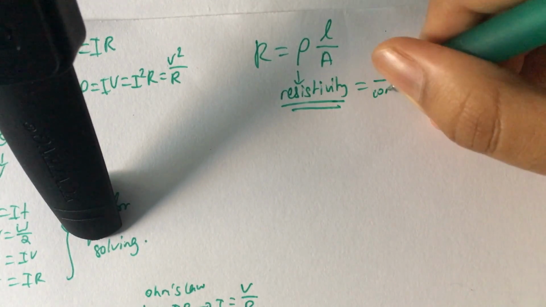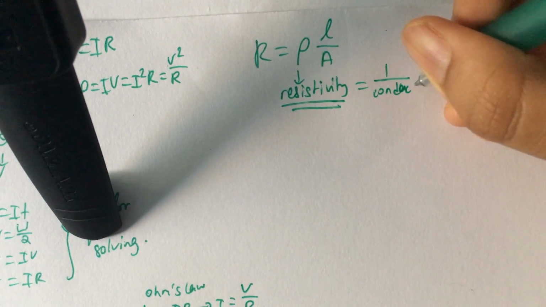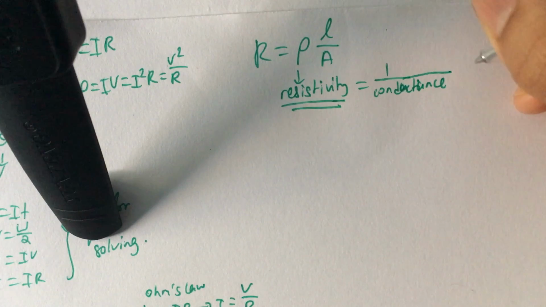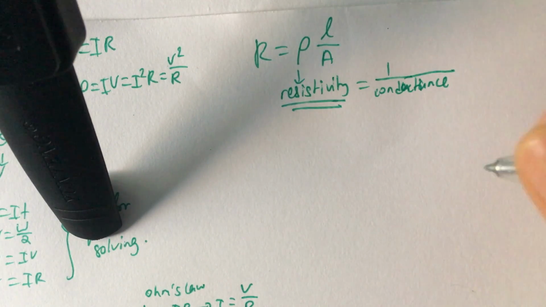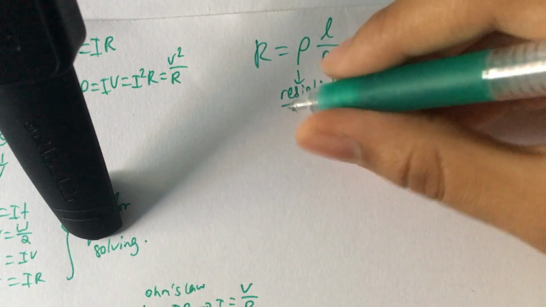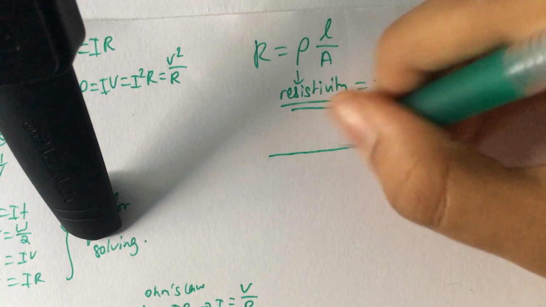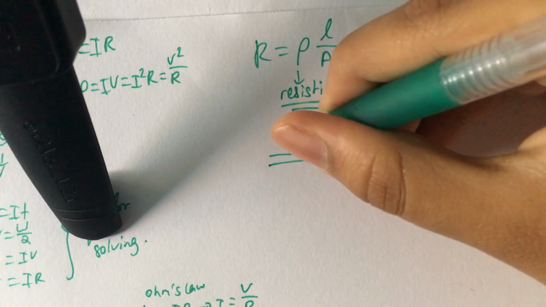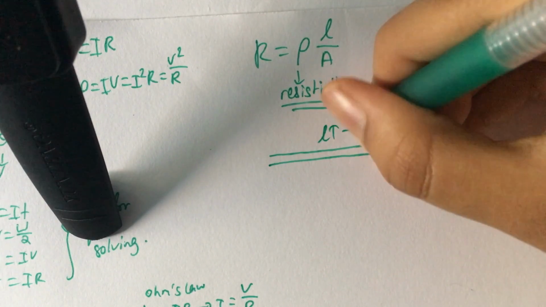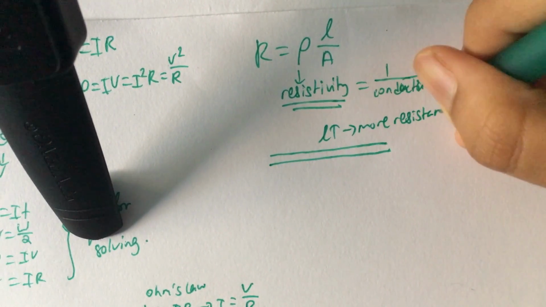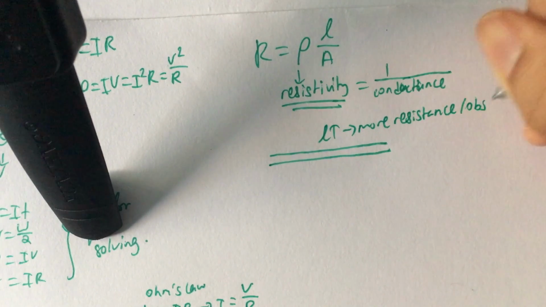So if you're looking at L, you know that for any conductor, the resistance increases when you increase the length, because there's more stuff for the electrons to go through to reach the destination. But when you increase the area, there's more space for the electrons to go, so it will decrease the resistance. You can imagine electrons moving like water flow.